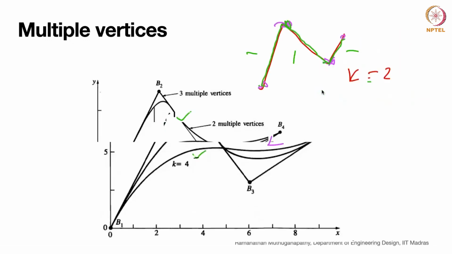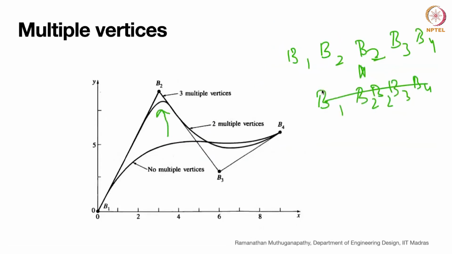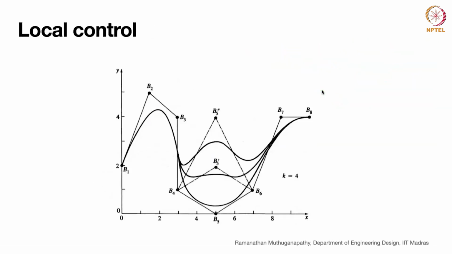You can see in the previous case it was somewhere here, and now if I add the same control point again, it gets pulled towards the control point. Of course, at some point we can make it pass through that control point in some instances. This we cannot achieve using a Bezier; it's very hard to achieve this in a Bezier curve.